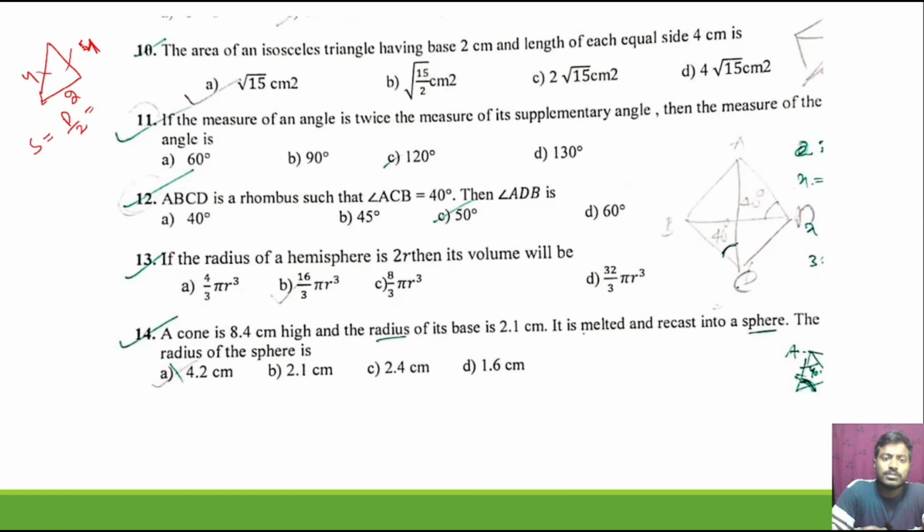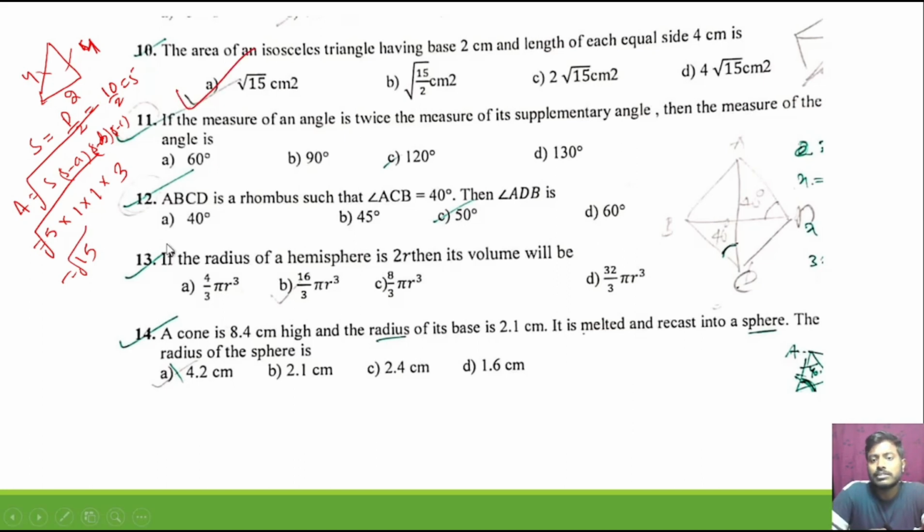Perimeter means 4 plus 4 plus 2, 10, by 2, that is 5. Now put the value in the area formula. Area equal to root over S into (S minus a) into (S minus b) into (S minus c), equal to 5 into (5 minus 4), that is 1, (5 minus 4), that is 1, (5 minus 2), that is 3. So root 15 is the correct answer.